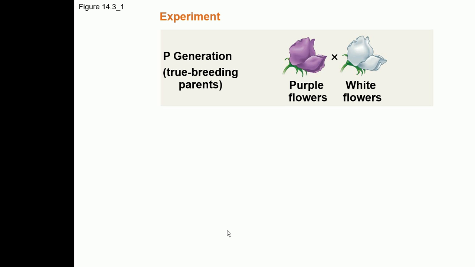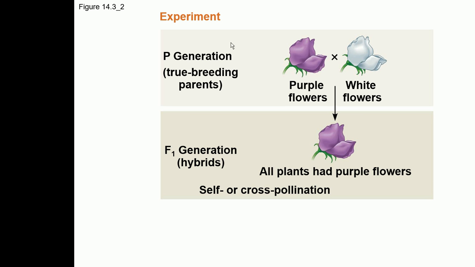So what he did, he took purple flowers and white flowers and he crossed them. So purple flowers and white flowers, they are pure breeding here. So basically, which means that this is capital P, these are small p and small p. And then he fertilized them. And the next generation, which was formed, the F1 generation, all plants were purple in color. Okay, that's what is observed.